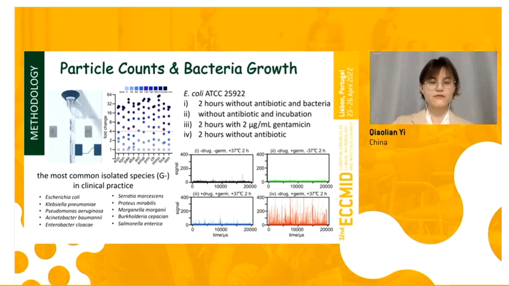Bacterial growth of 10 strains from the 10 most commonly isolated species in clinical practice was further tested to determine whether this system could cover the most clinical pathogens. In addition, rapid assessment of bacterial susceptibility to antibiotics via quantitative detection of bacterial counts was also performed. We tested 4 groups of E. coli with the presence or absence of antibiotic, during incubation.